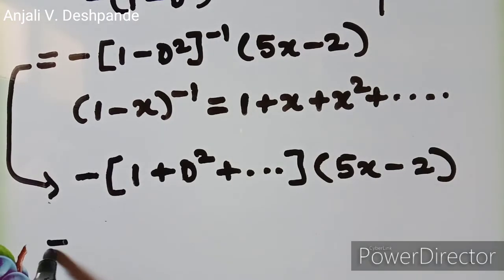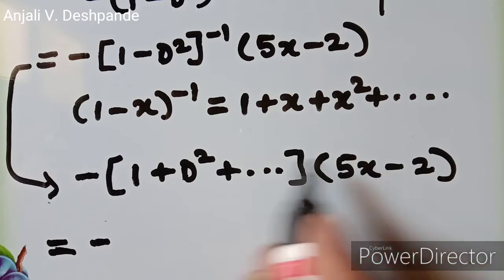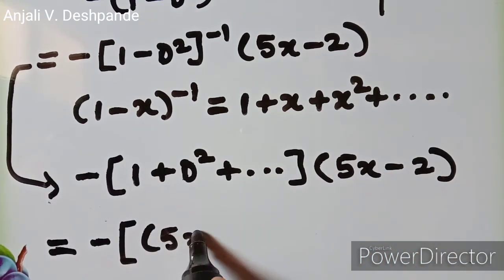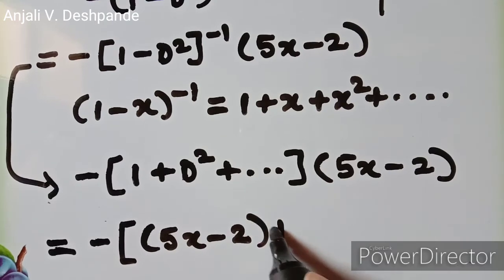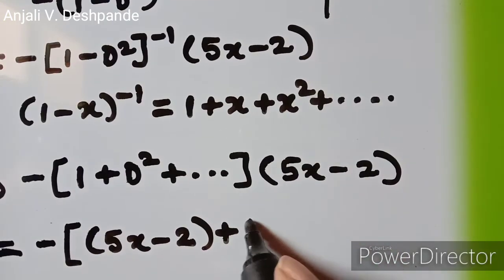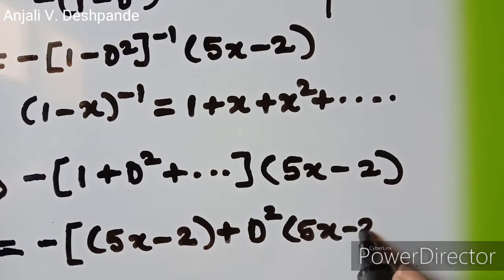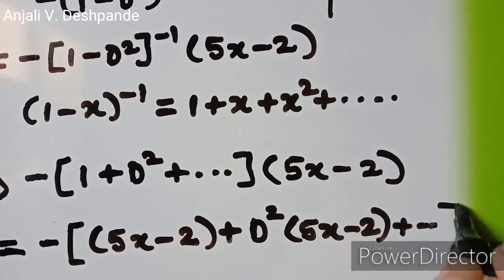So this is equal to minus into the bracket. Now we are multiplying this inside, 1 multiplied by 5x - 2 plus the second derivative of all this. D² means second derivative is going to be 0, so no need to write it also.